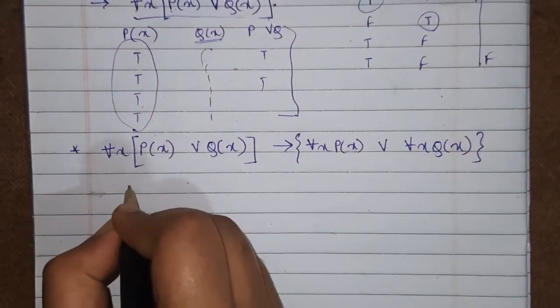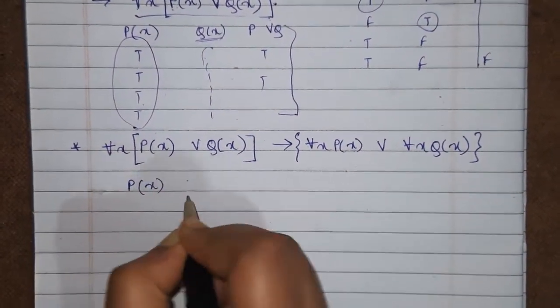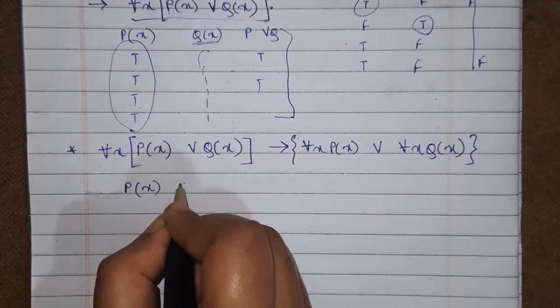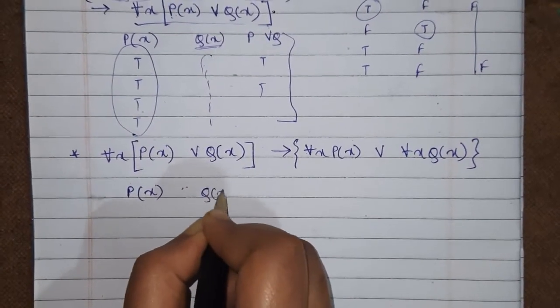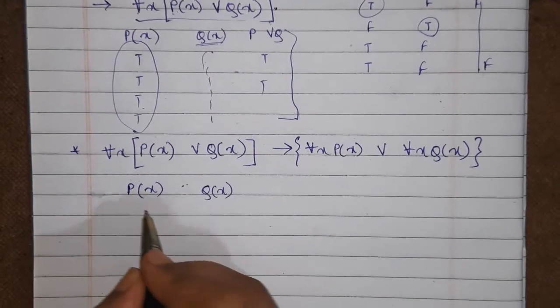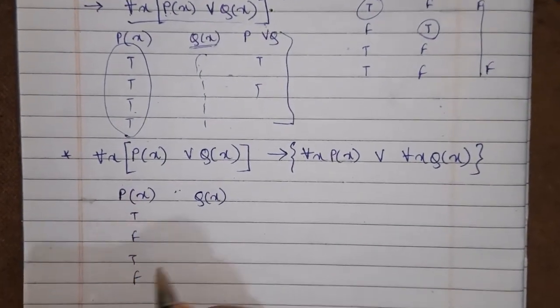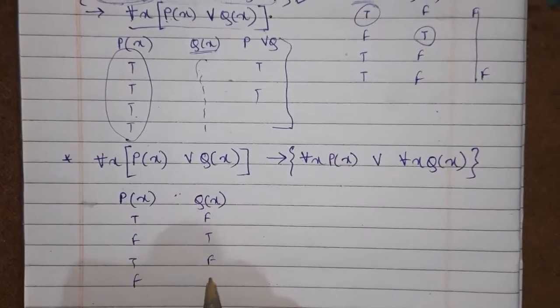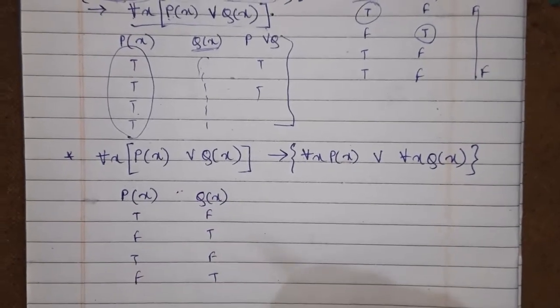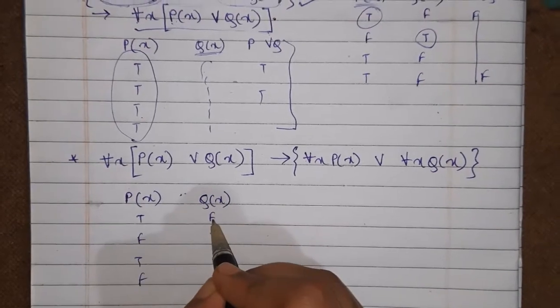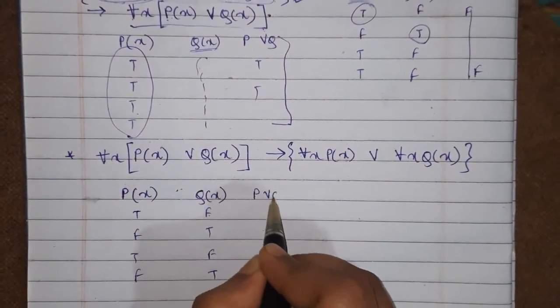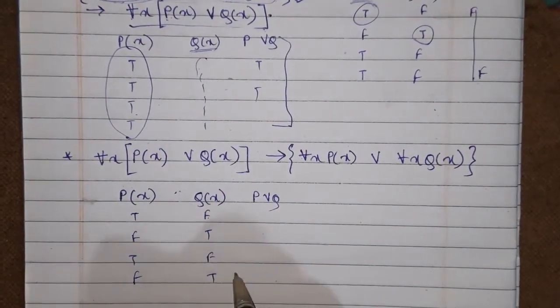Here, suppose we have a p of x and a q of x such that p is true, false, true, false and q is false, true, false, true. Then if I do p or q, all will equate to true.